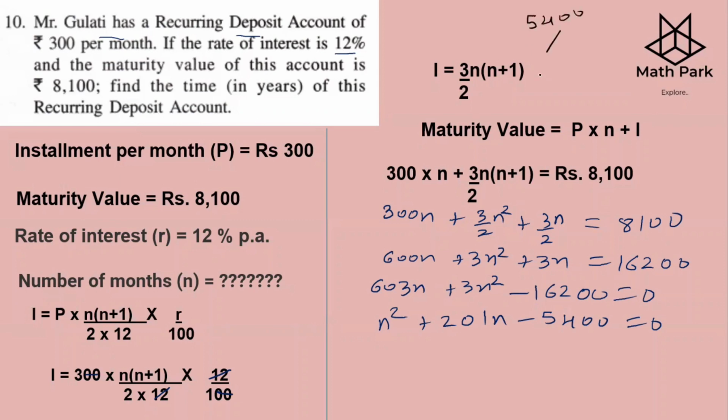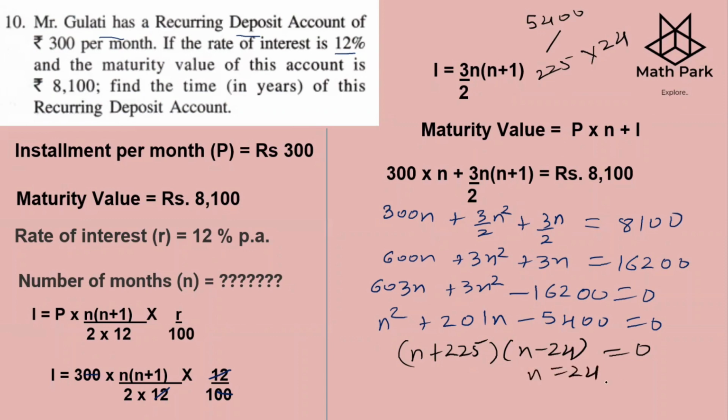Such as 225 times 24 we get 5,400, and 225 minus 24 is 201. So the bigger one takes positive. So we have n plus 225 into n minus 24 is equal to 0. So if I take n plus 225 equal to 0, we get n is equal to minus 225, which does not work. So we get n is equal to 24.